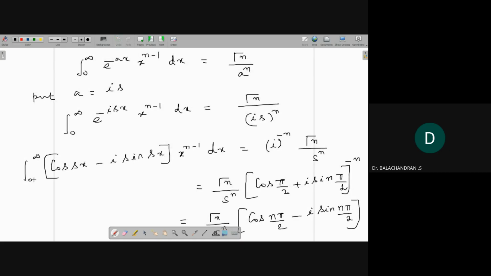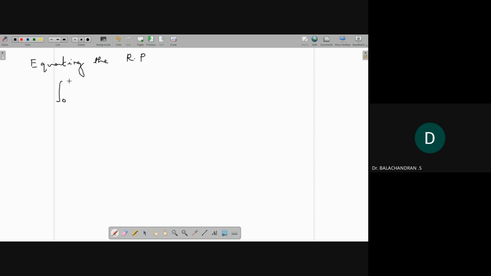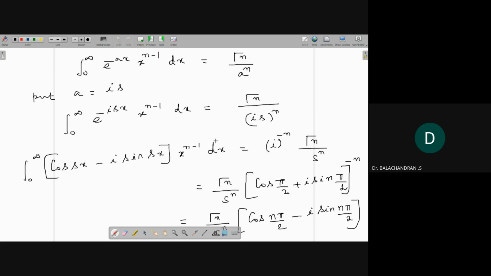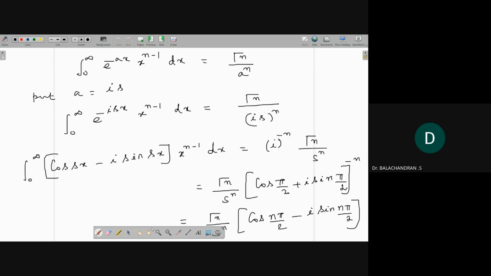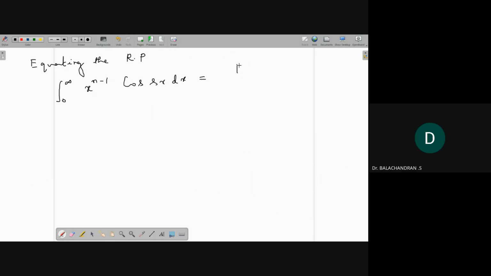So on the left hand side, what is the real part? Integral 0 to infinity x power n minus 1 into cos sx dx, which is equal to the right hand side real part: gamma of n by s power n into cos n pi by 2.